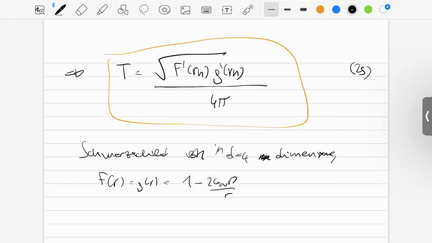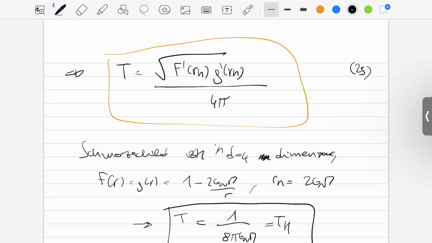These are the functions for Schwarzschild. We know that the horizon radius is 2Gm, so the Schwarzschild radius. So if you insert that into the formula, we get this temperature, which is 1 divided by 8 pi Gm. So this is the Hawking result, the Hawking temperature. So this is the temperature for a Schwarzschild black hole in 4 dimensions. So this is equation 30.